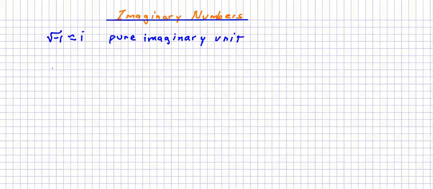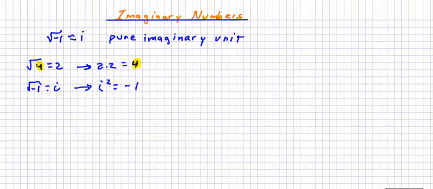If the square root of 4 is 2, and I always ask why, because 2 times 2 equals 4, then if the square root of -1 equals i, i squared is equal to -1, for the same reason.